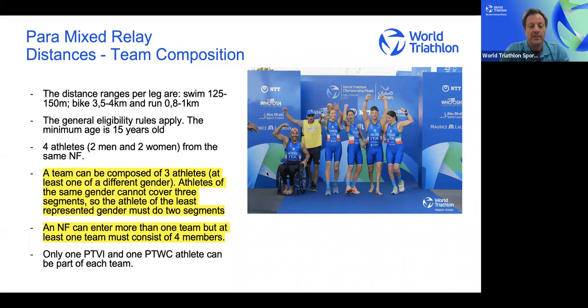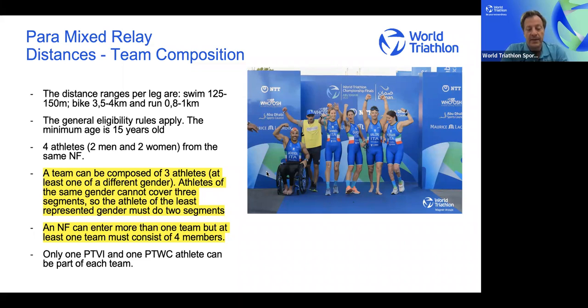So we can have teams with only 3 athletes, in which obviously one of the athletes will repeat a leg. At least one of them has to be from a different gender from the other 2. So athletes of the same gender cannot cover 3 segments. As mentioned, the least represented gender must do at least 2 segments.